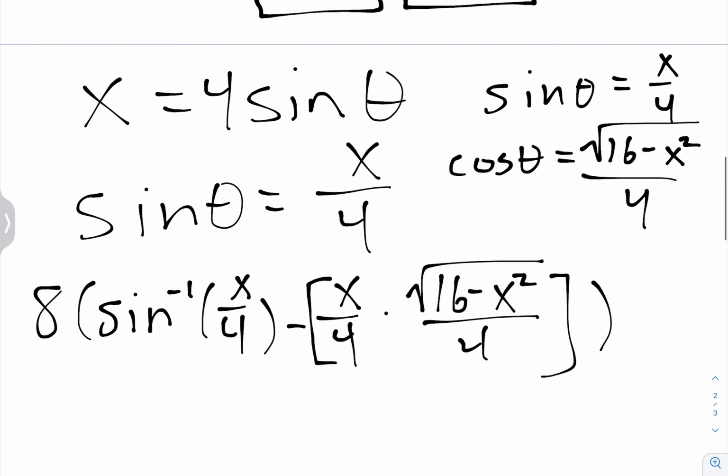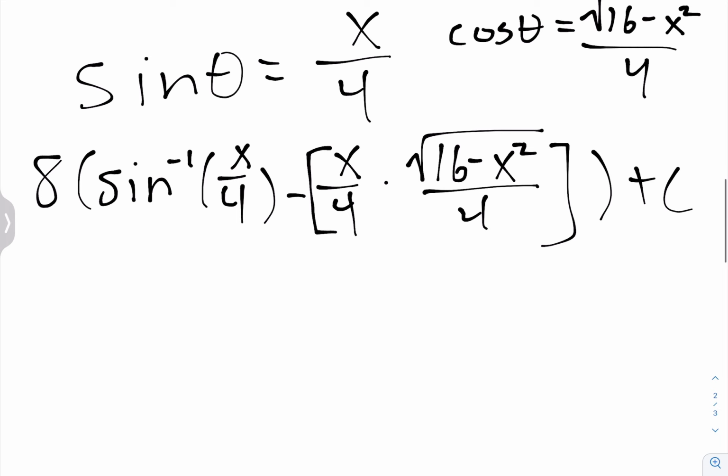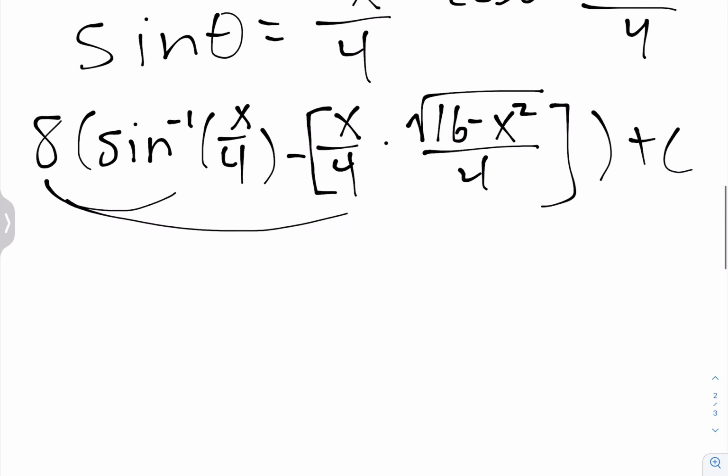Okay, and then we get this plus c at the end. Okay, so let's distribute this 8 into everything. So we're going to go 8 times this, 8 times that.